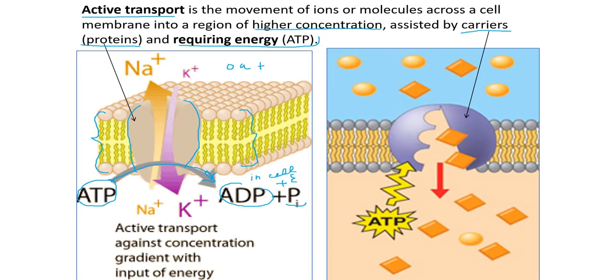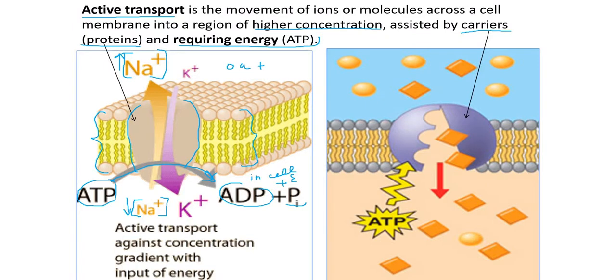So if we look at the concentration of sodium, we will see that we have a low concentration of sodium inside of the cell. But if we compare the concentration of sodium outside of the cell, we will see that it has a high concentration.